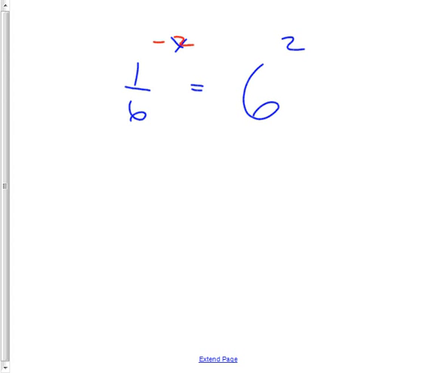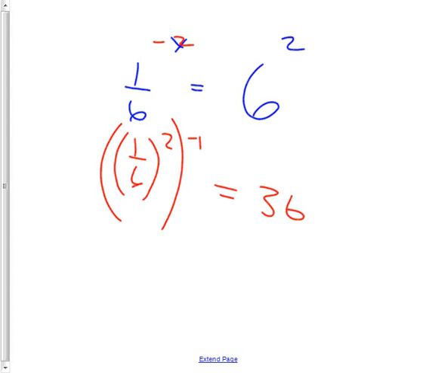Yeah, because this 6 squared is 36, and this here, 1/6 squared, and the negative, well, first I do the 1/6 squared, and that'd be 1/36. And then the negative makes it flip and be plain old 36. So it does work. But take a second to check them. It's always smart to double check your answers and make sure they're not extraneous.